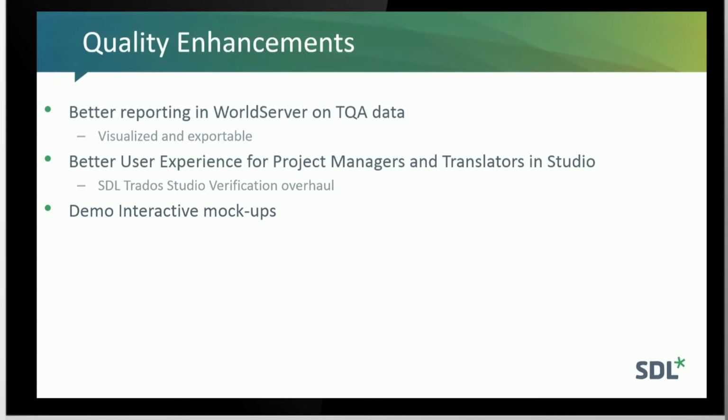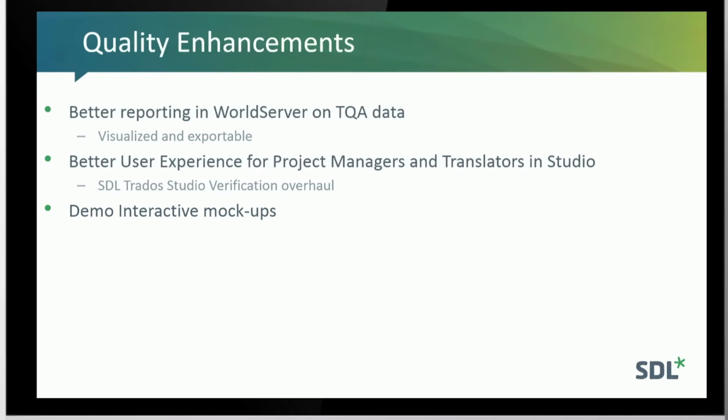And we have some nice round tripping of things like TQA data, so that all of the information that you enter in Trados Studio is then returned in the return kit, is captured in the WorldServer application database, and is available there for reporting. What we don't currently have is a nice visual representation of that. That is in plan for an upcoming release this year.